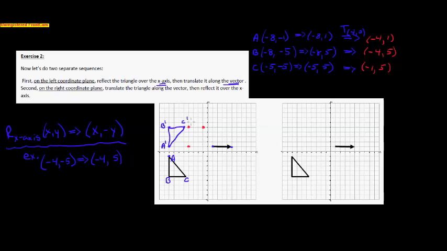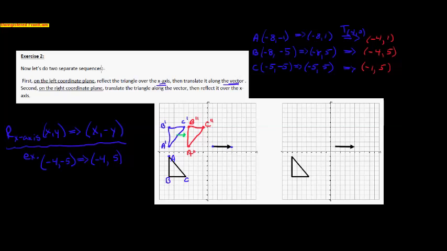So this would be B double prime. This is C double prime. And this is A double prime. Okay, and again, I can connect them. And voila. Alright, so again, didn't change the size, didn't change the shape, it just slid it over. I'll change my pen here, just slid it, translated it that way 4 units.